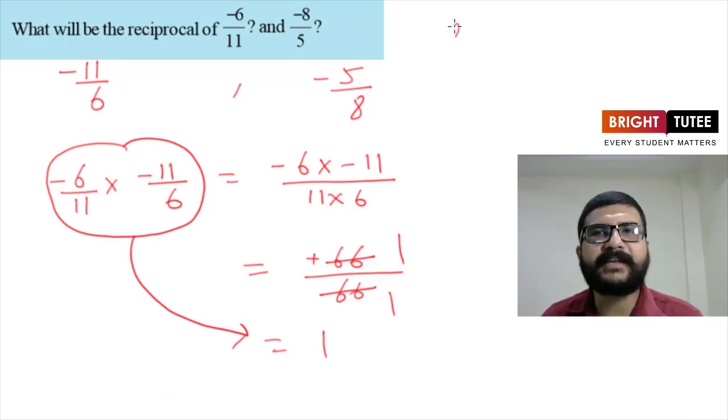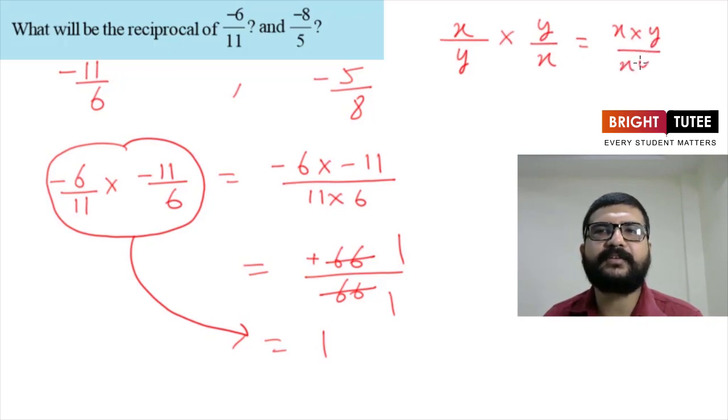For example, let's take one general rational number. Let's say we are having x upon y. Now let's multiply it with its reciprocal, that will be y upon x. Now from here we will get x into y upon x into y. We can cancel them and we will get 1.